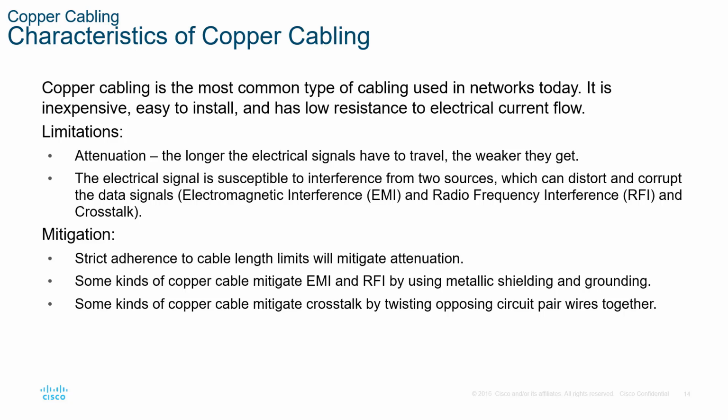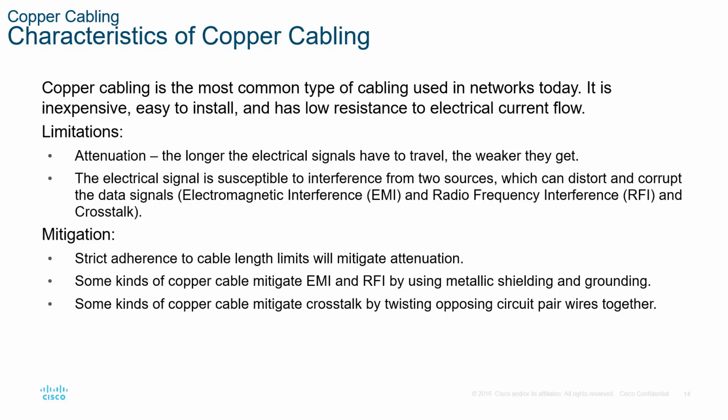So how do we mitigate some of these? We follow the appropriate international standards. They outline length, they outline termination, they outline proper storage and installation, and how far you can bend the cable and how you bend the cable. All of those are outlined in standards that we should be following.